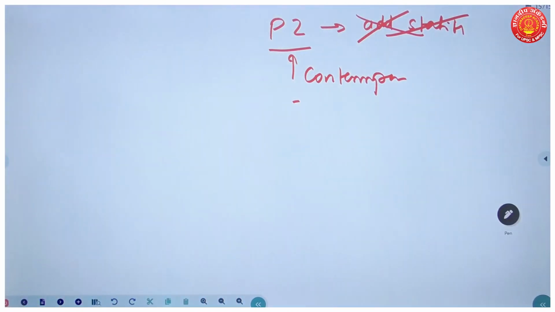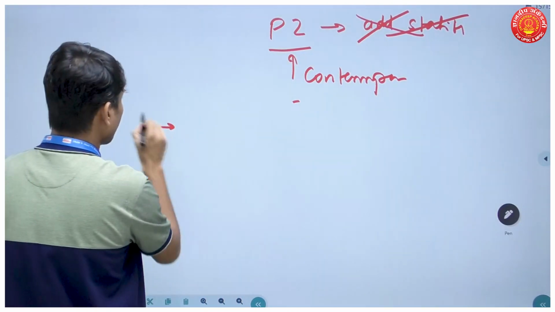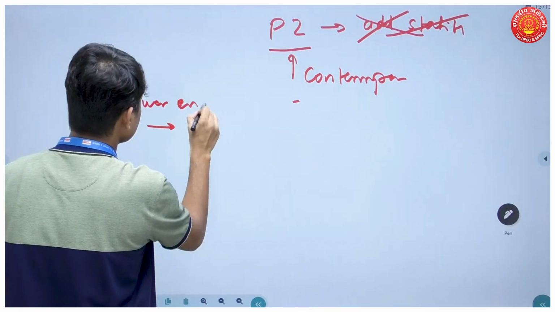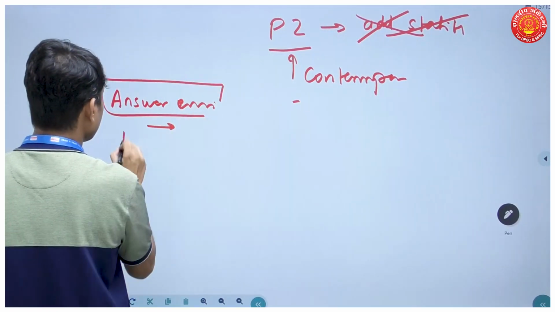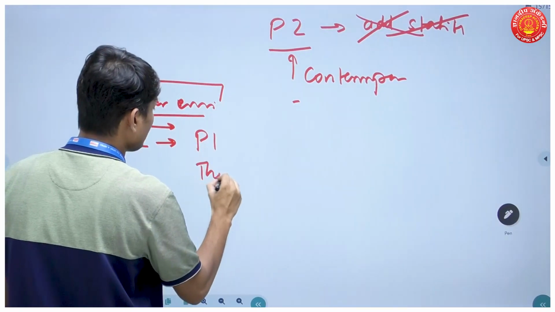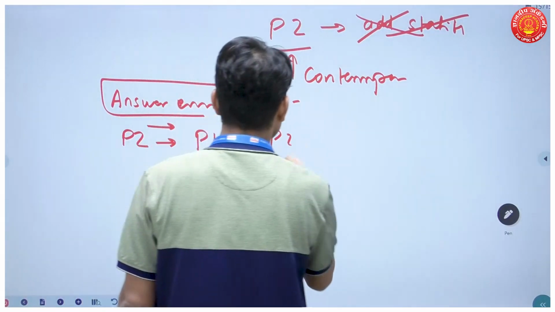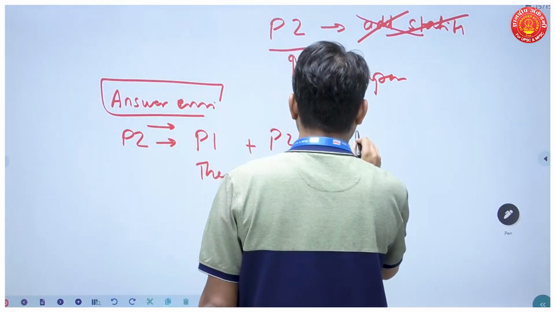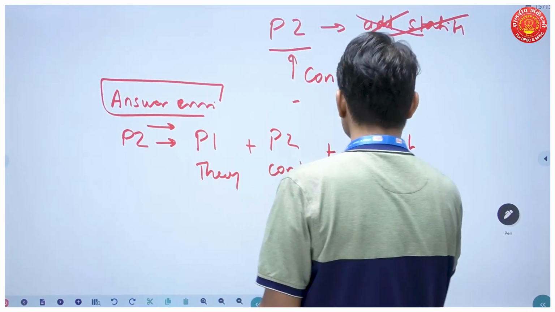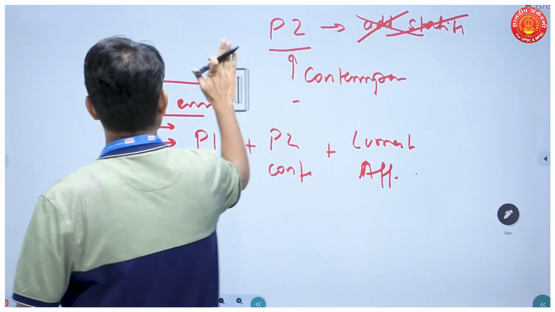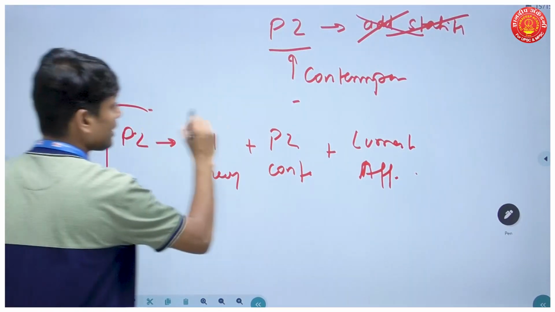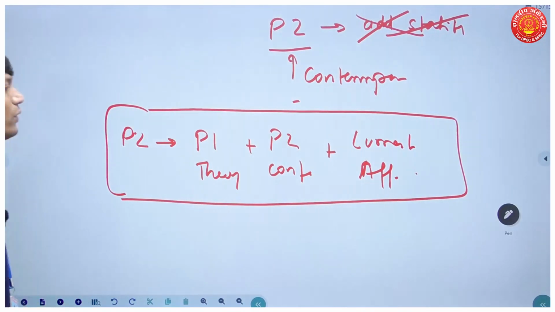Other than that, let us understand answer writing or answer enrichment. Whatever answer enrichment you are supposed to do for paper 2 needs to be a combination of paper 1 theory, paper 2 content and current affairs content. So what should your approach be for answer writing value addition?